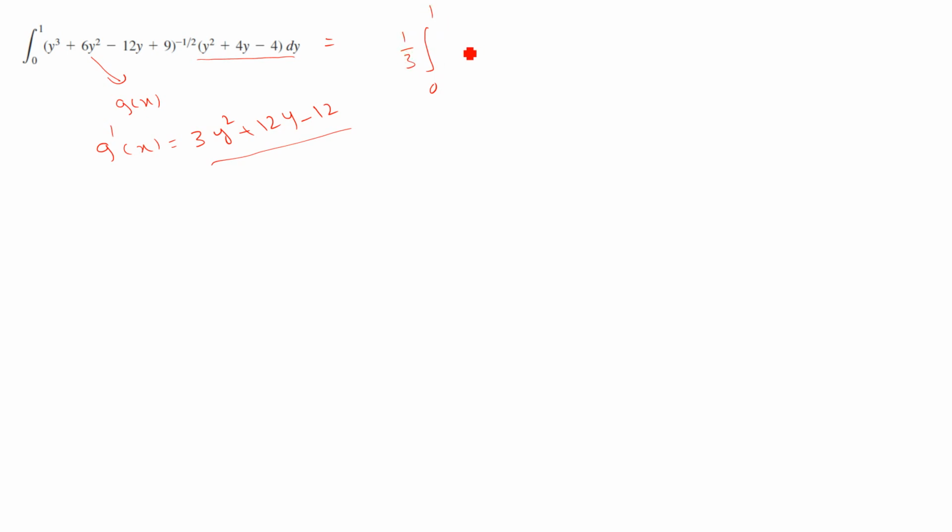So 1 over 3, and inside we have y cube plus 6y square minus 12y plus 9 to the power minus 1 by 2, multiplied by 3y square plus 12y minus 12 dy. We have a function to the power minus 1 by 2 and the derivative of the function. Actually, the variable here is y, so this is g of y and this is g prime of y.